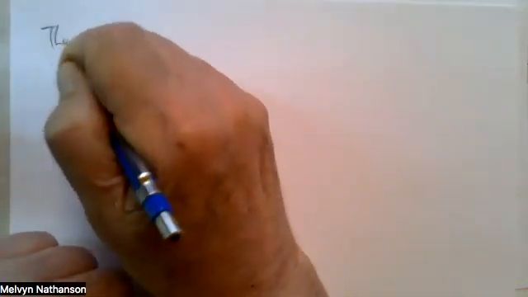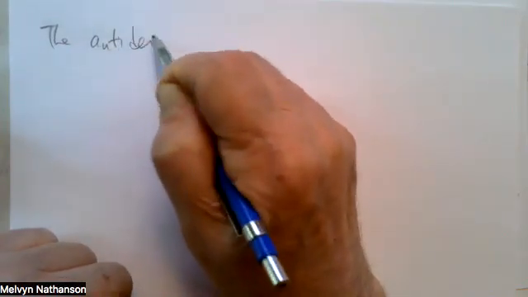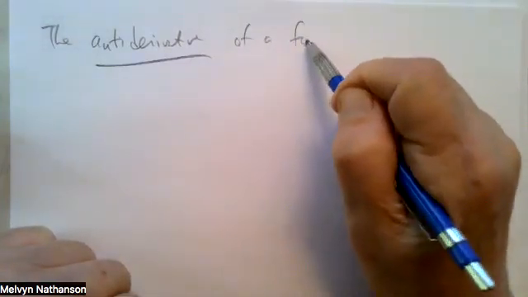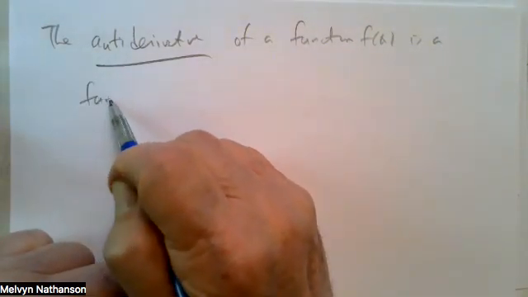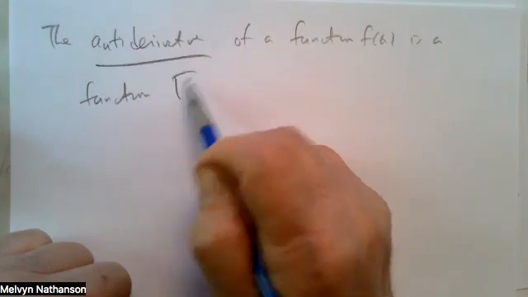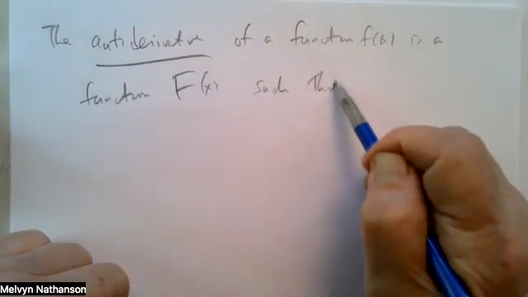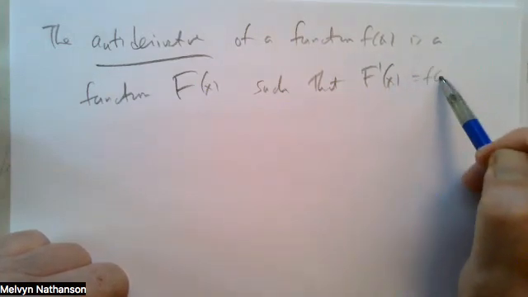So the antiderivative of a function f of x is another function, capital F of x, such that capital F prime of x is f of x.